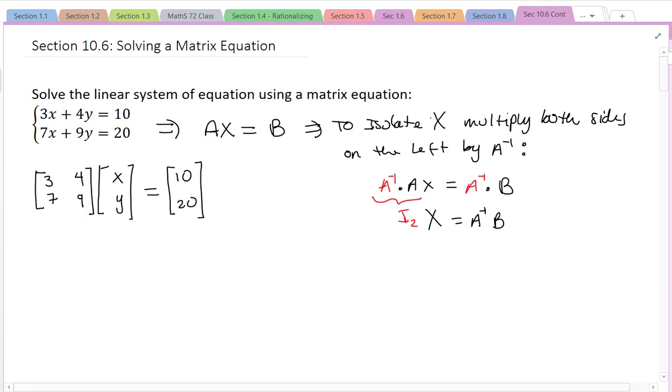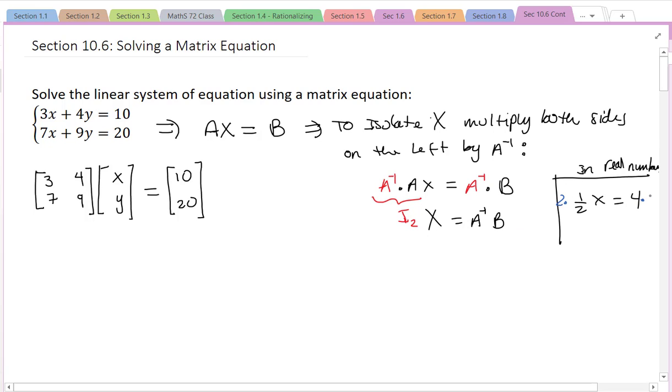Remember, multiplication of matrices is not necessarily commutative. If we were working with real numbers, if I had 1/2 x equals 4, and I want to get rid of the 1/2, we would multiply both sides by 2.